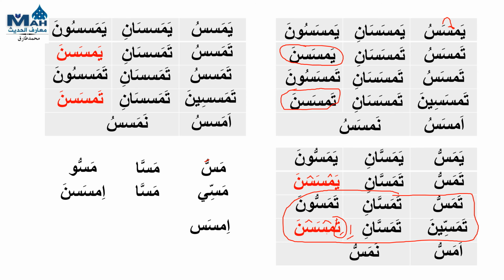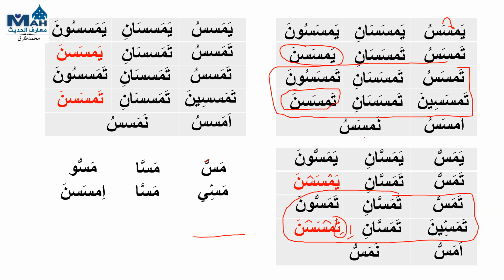You all touch. Or it will be imsas. As I told you, it can be made from this also. Okay, mashallah. So you already got it. One thing I forgot. From the original, we will make only for the first one, wahid mudakkar hazir. Others no.